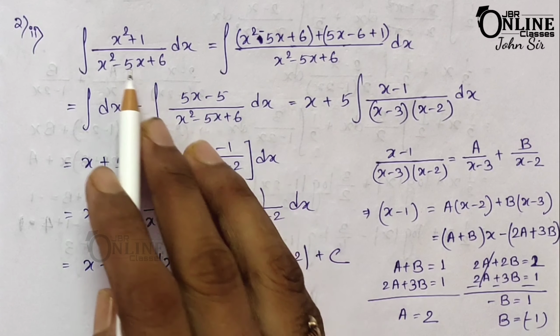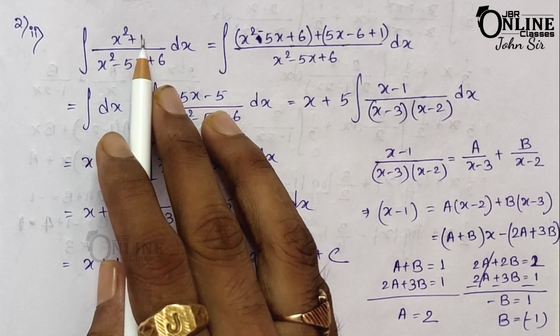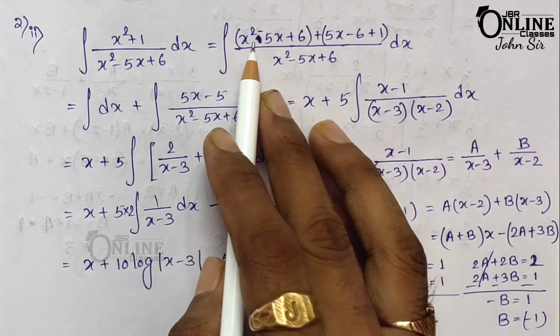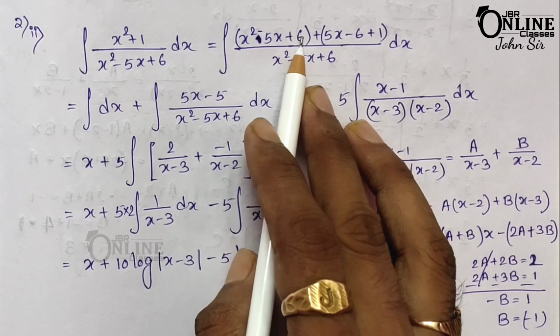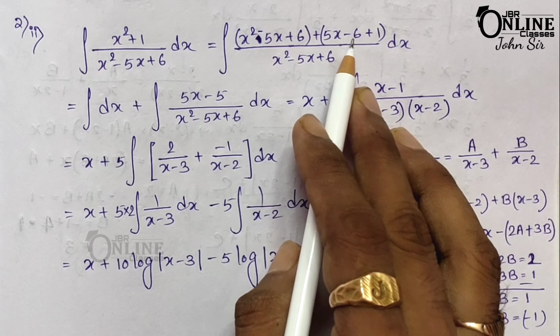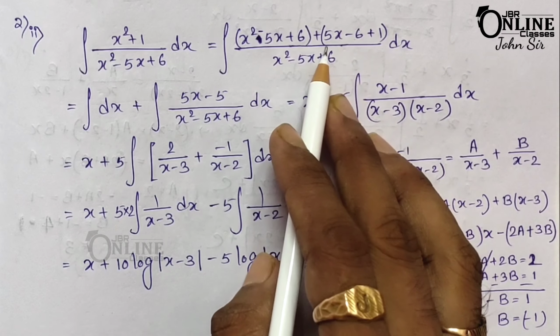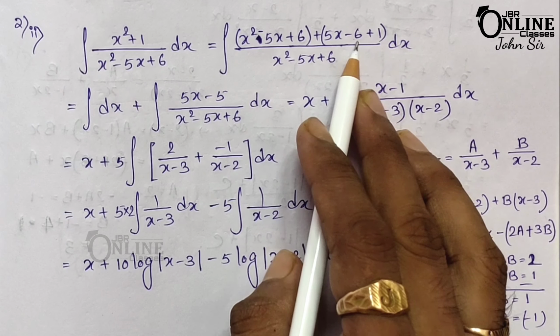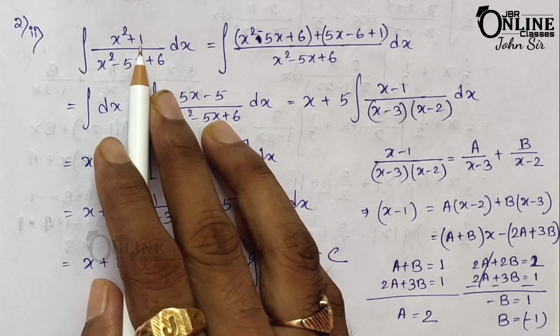Clear? Now here in the numerator x square plus 1, I add x square minus 5x plus 6, and to adjust this, again write plus 5x minus 6. Then 5x will be cancelled out, 6 will be cancelled out, and you will get back x square plus 1.